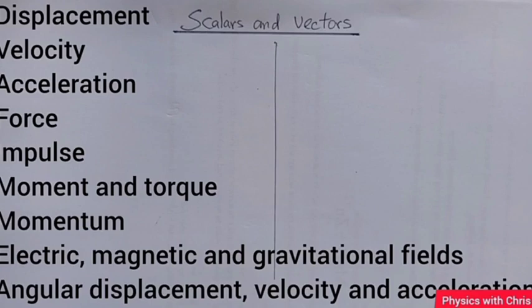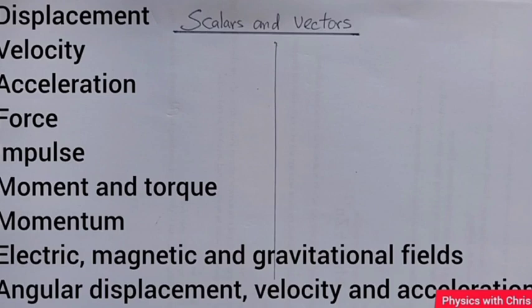Velocity is a vector, the rate of change of displacement. Acceleration is a vector, velocity change over time. Force is a vector because of its direction of action. Impulse, the product of the force and the time in which the force acts, is also a vector. Momentum, moment and torque, electric, magnetic, and gravitational fields or field strength are all vector quantities.